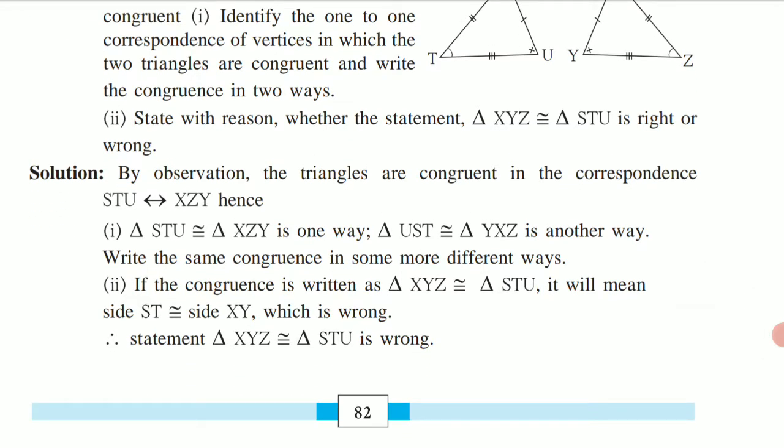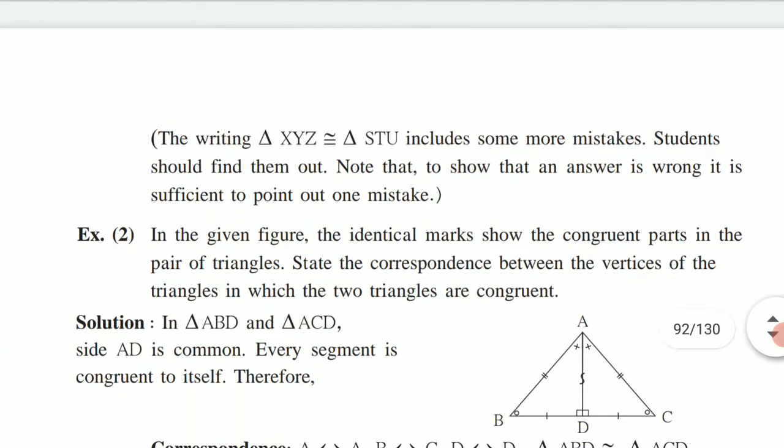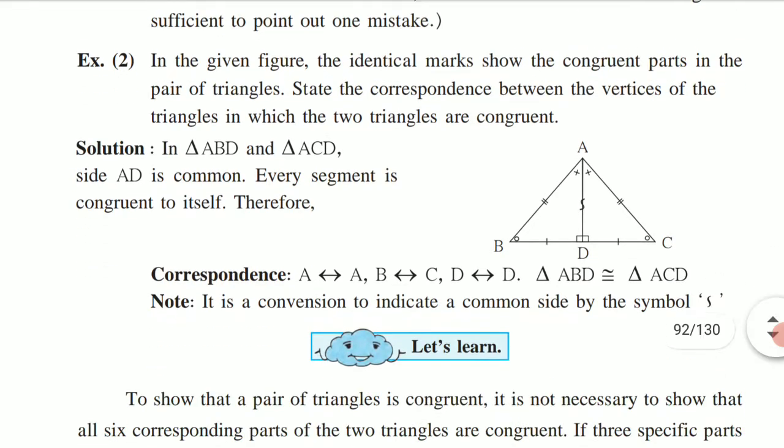Therefore, the statement triangle XYZ congruent with triangle STU is wrong. The writing triangle XYZ congruent with triangle STU includes some more mistakes. Students should find them out. Note that to show that an answer is wrong, it is sufficient to point out some mistakes.